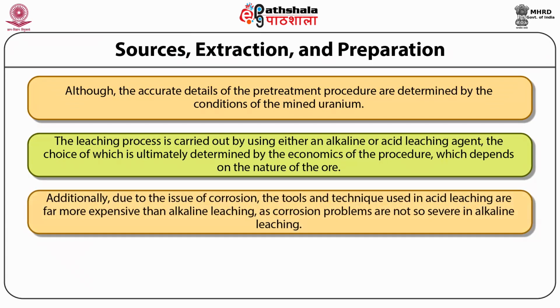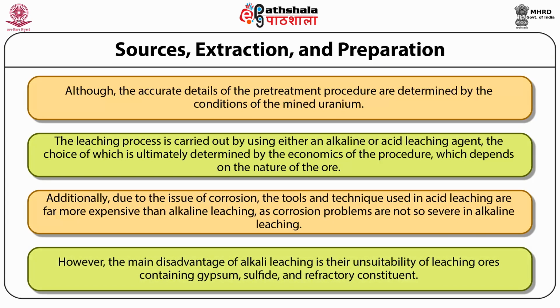Additionally, due to the issue of corrosion, the tools and techniques used in acid leaching are far more expensive than alkaline leaching, as corrosion problems are not so severe in alkaline leaching.